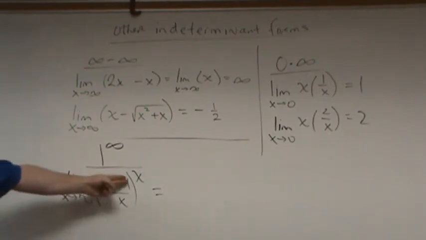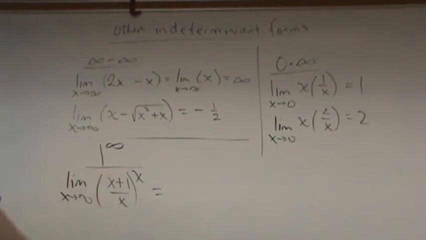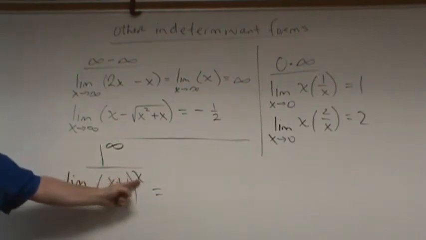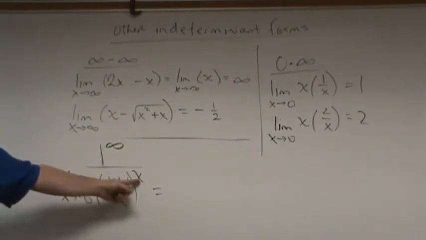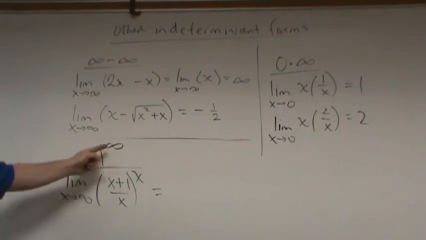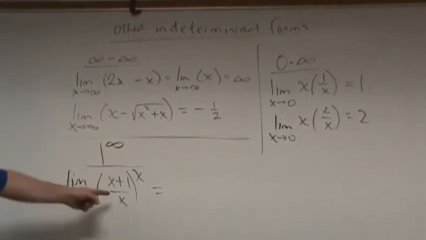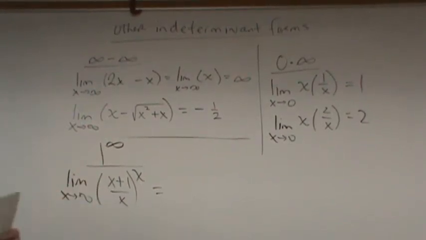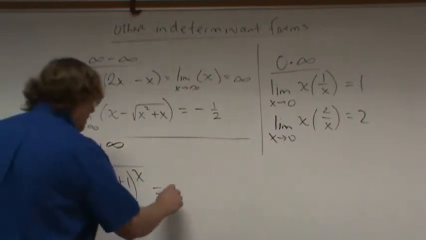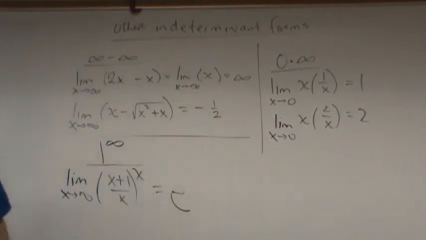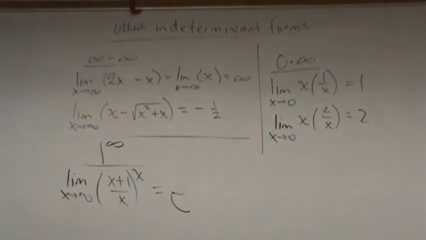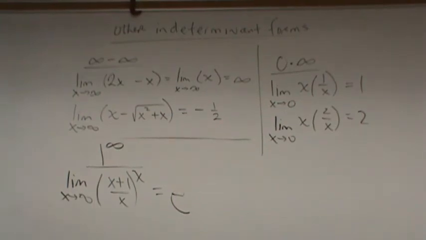The limit of x as x goes to infinity is infinity. So do you see this as 1 to the infinity power? But you know what this ends up equaling if you plug this in your calculator? E. Euler's number, E. It's 2.717 or whatever it is.